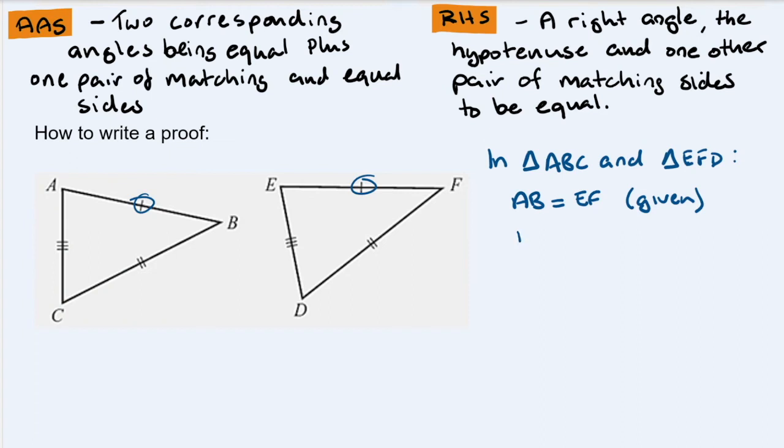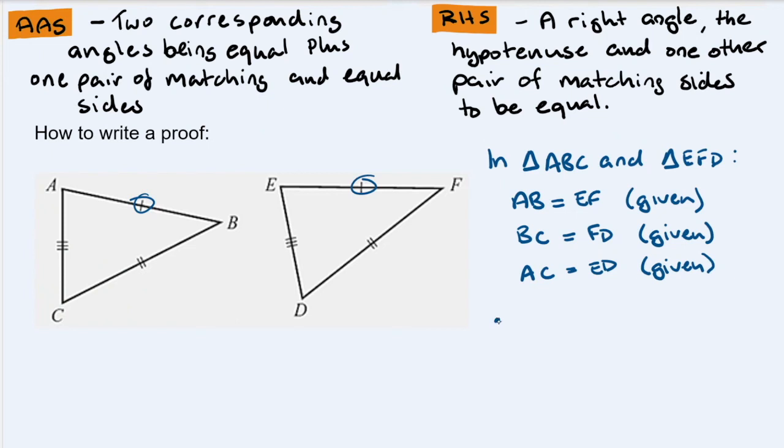Similarly, the side BC is equal to the side FD. Again, that's given to us in the diagram. AC is equal to ED. Once again, given in the diagram.